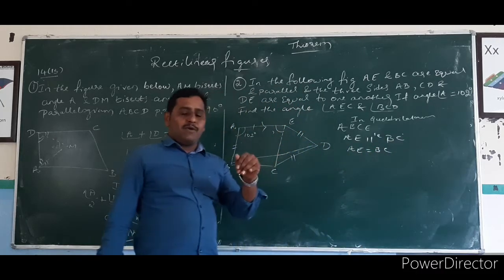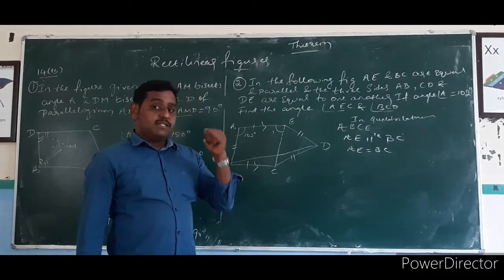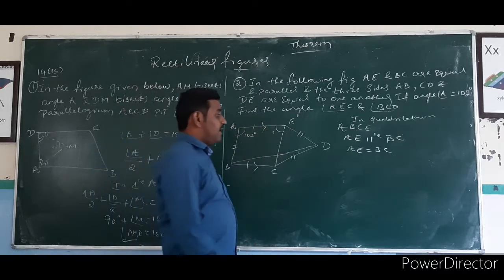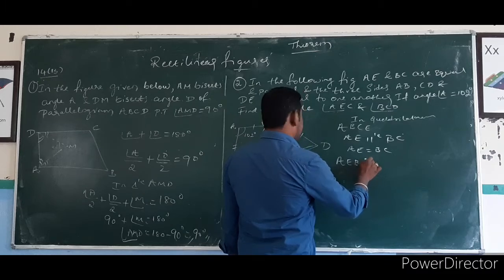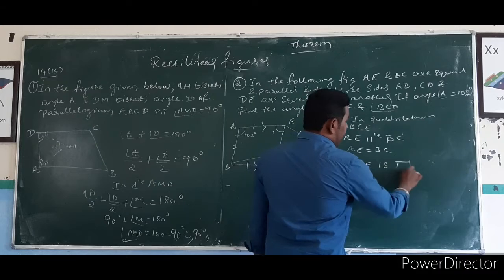In a quadrilateral, if one pair of sides is equal and parallel, then by the theorem ABCE is a parallelogram.